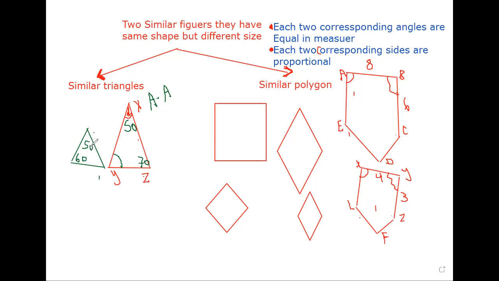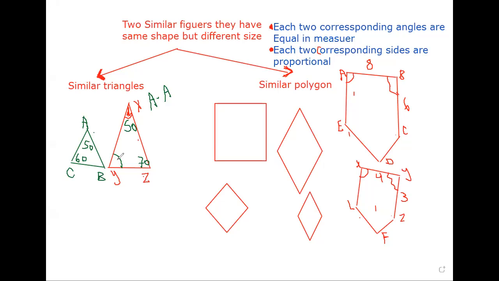So the triangle ABC, will it be similar with the triangle XYZ? Do we have two triangles here? They will be similar? No, angle Y should be 60.